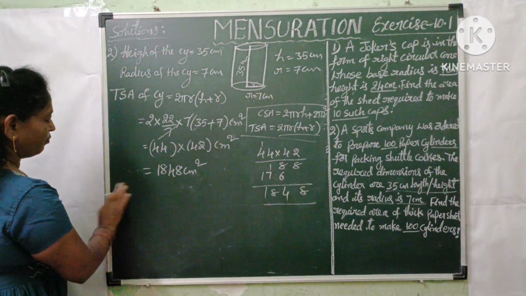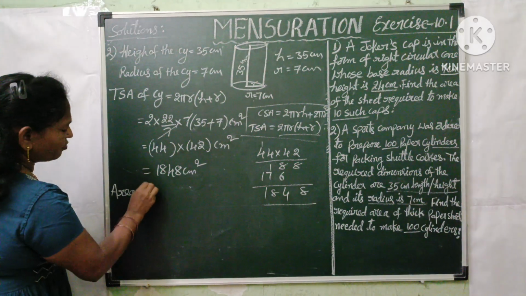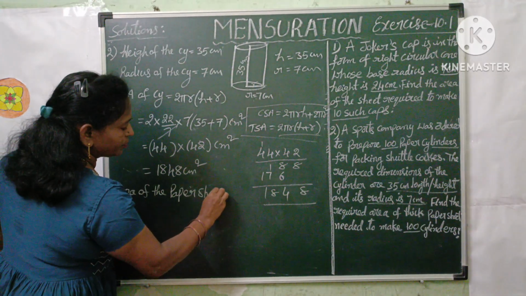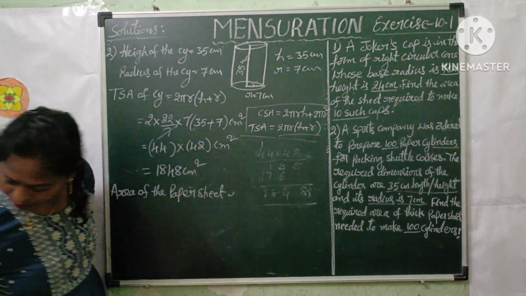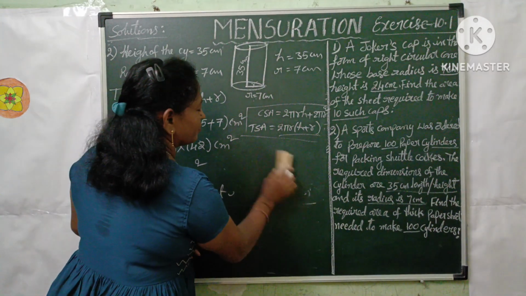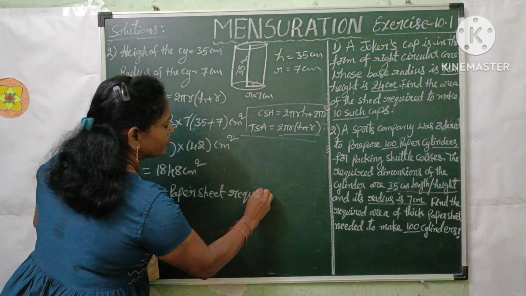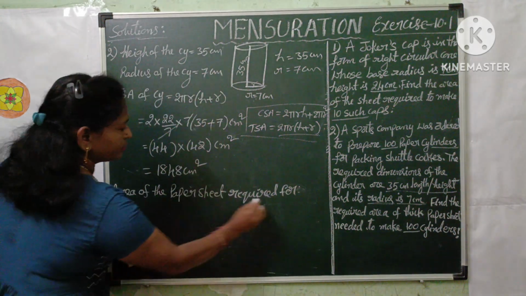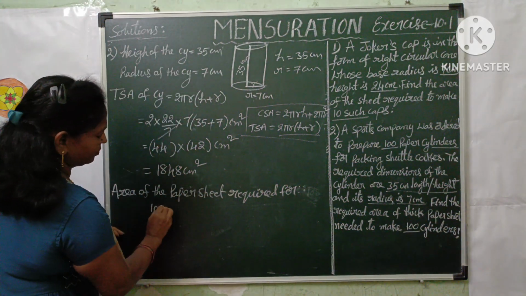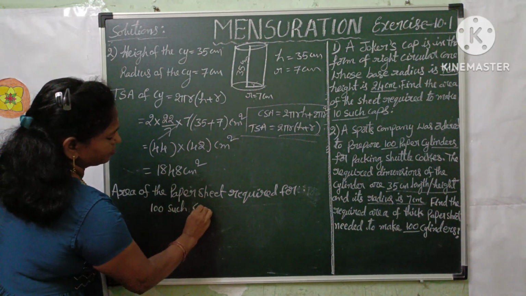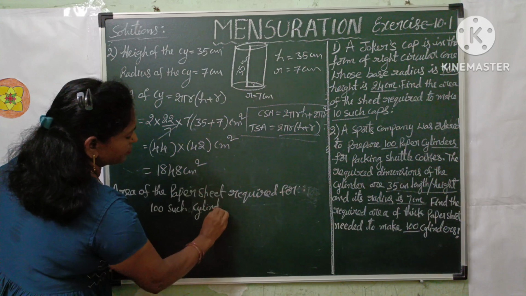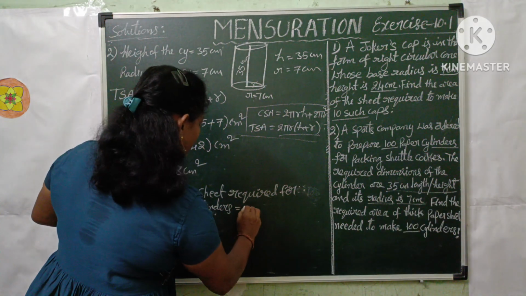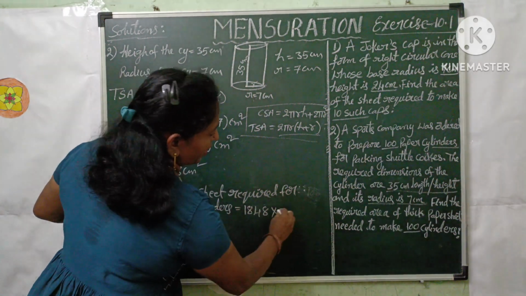So the area of the paper sheet required for 100 such cylinders is equal to, here one cylinder we are using 1848 centimeter square sheet into 100.